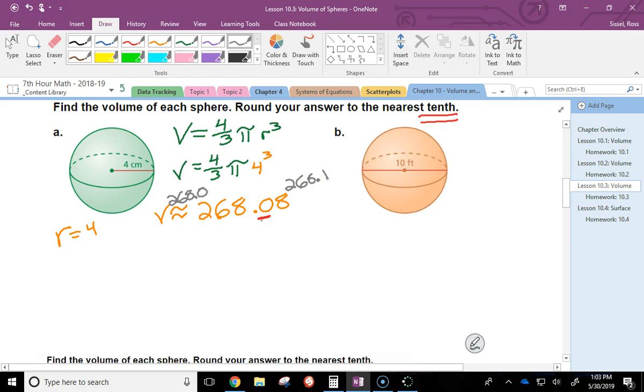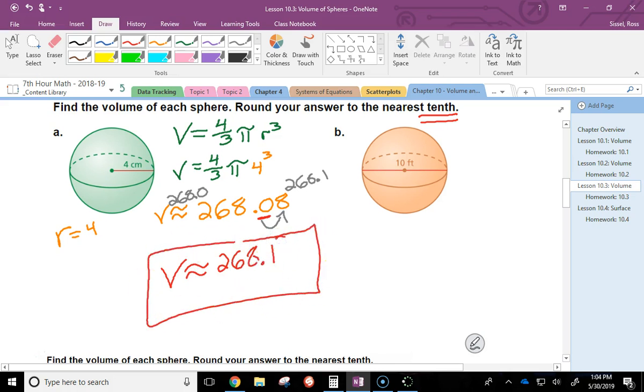We find that answer by looking at the place value to the right. Because it was an 8, which means it's 5 or greater, we round up, and our final answer is volume is approximately 268.1. If I labeled centimeters cubed.